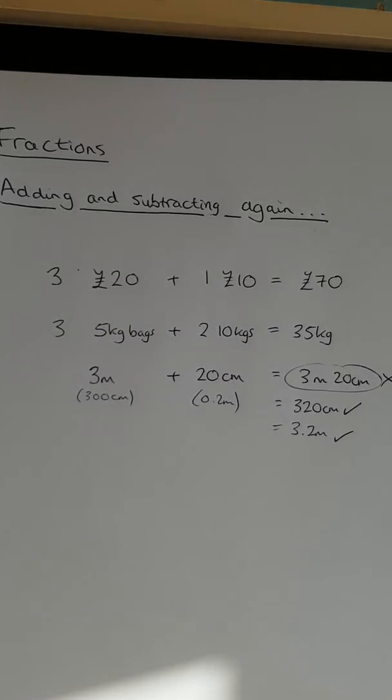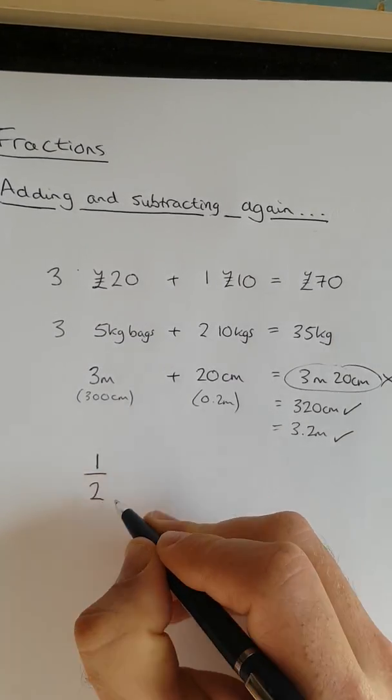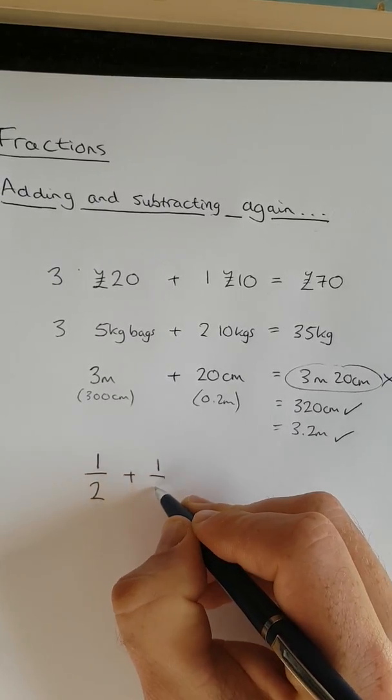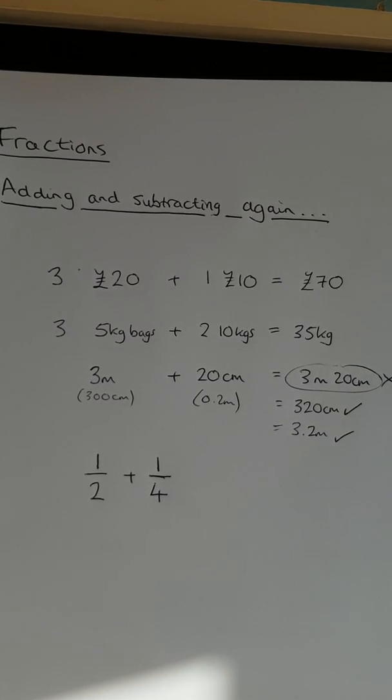Well, let's now look at some fractions. And let's start with a fairly common one that most people can work out even if they haven't understood a lot of fractions so far. A half and a quarter.